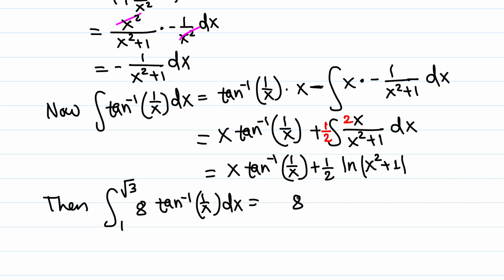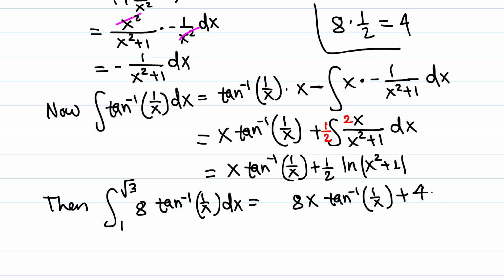So this is 8x tangent inverse of 1 over x plus 8 times 1/2. So 8 times 1/2 means 4, 4 natural log of x squared plus 1. X squared plus 1 is always positive because quantity squared plus 1 is always positive, so I don't need absolute value. And we need to evaluate from 1 through root 3.